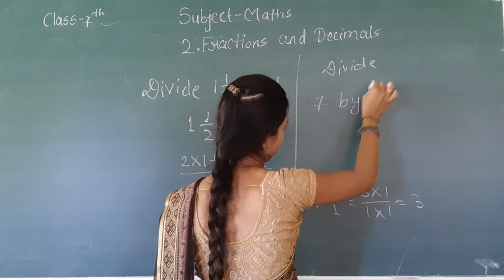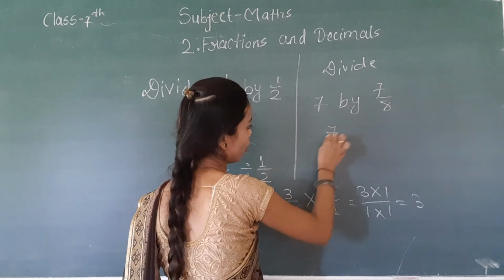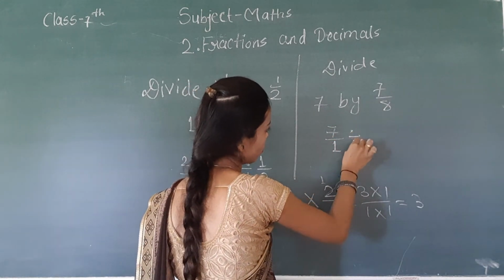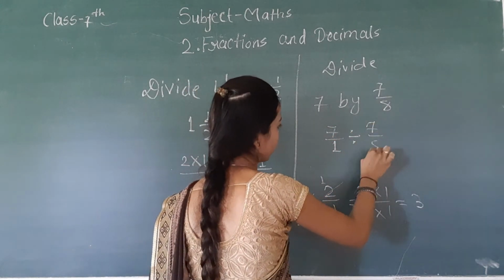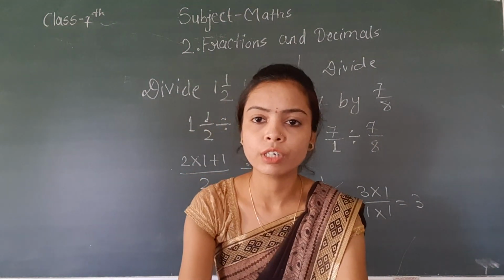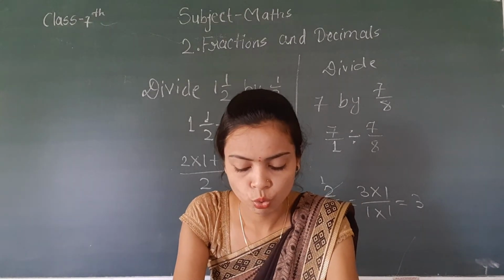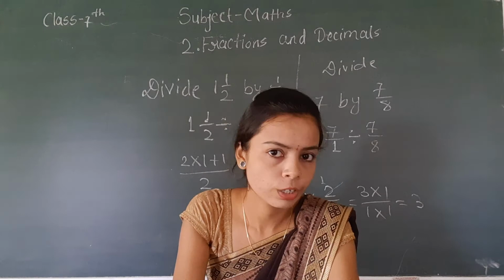Write this 7 as 7 upon 1 divided by 7 upon 8, because if there is an integer and no denominator given, we can consider the denominator as 1. So solve question number 1 according to this.